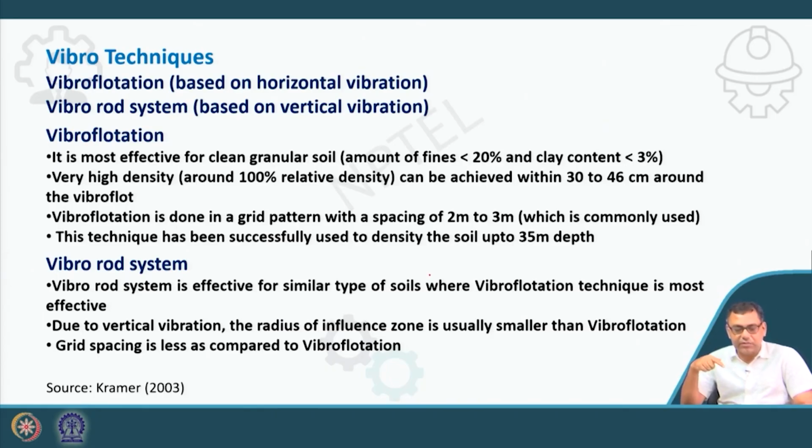The instrument that we use is the vibro float. The vibro float is inserted into the ground and then we provide the vibration. So laterally, around 30 to 46 centimeter of the soil can achieve 100% relative density.